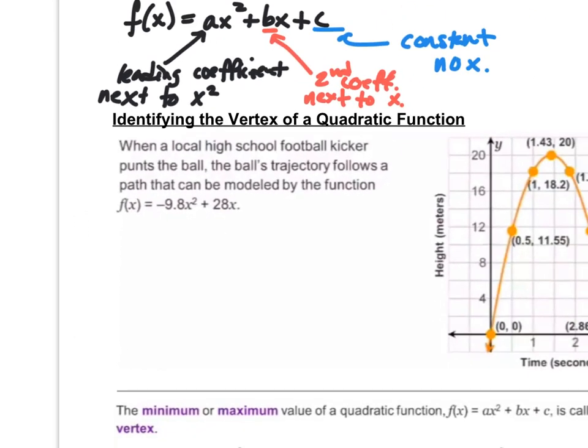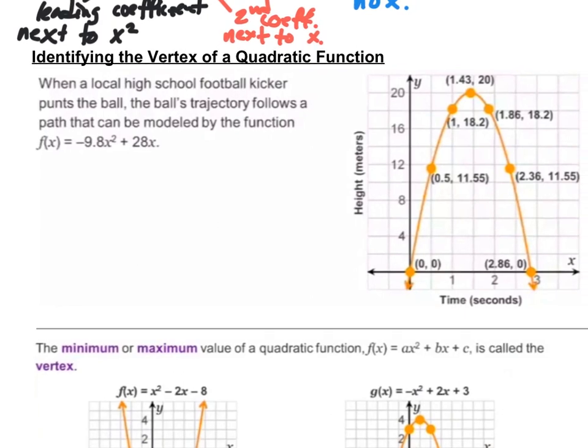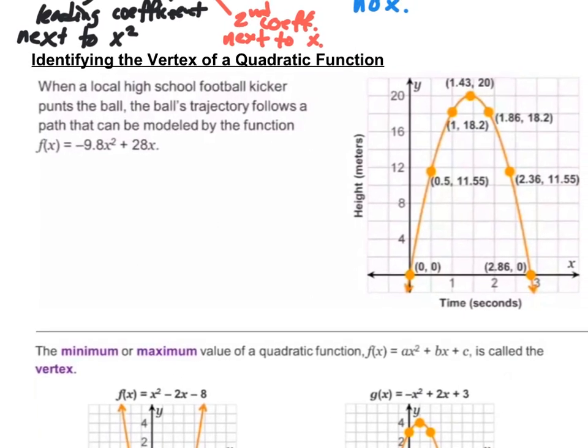Now, back to what we were talking about with a parabola. Let's say we have a high school football kicker that punts the ball, and the ball's trajectory follows a path that can be modeled by this function, negative 9.8x squared plus 28x. The ball goes up, and then it comes back down again.